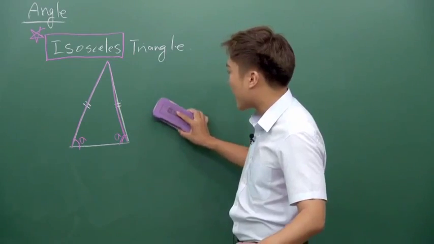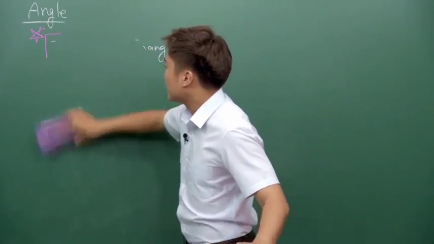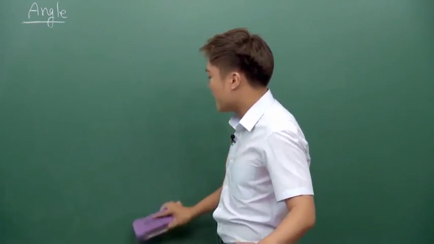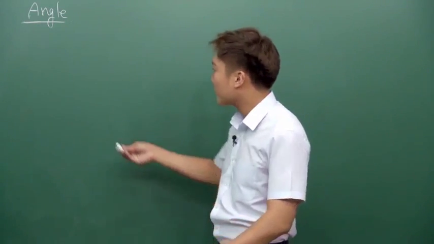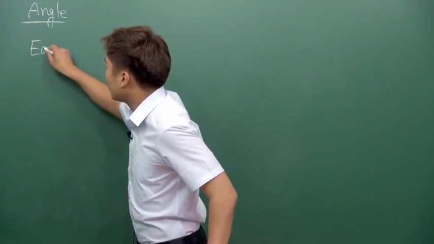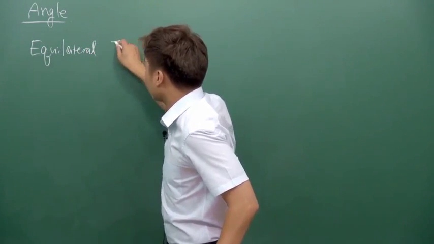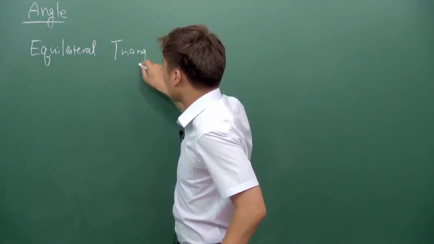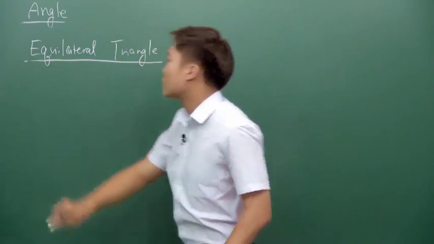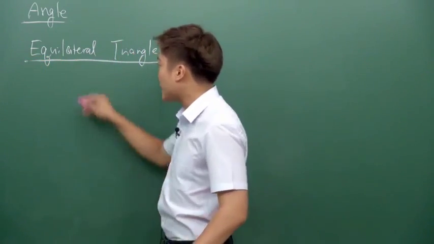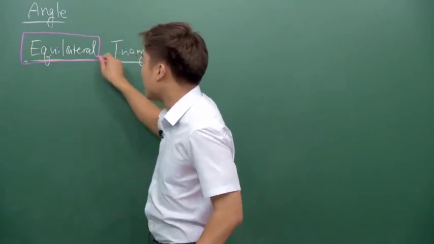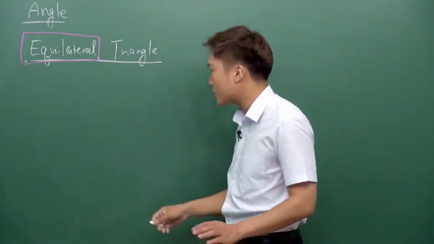triangle that we want to look at is the equilateral triangle. This is something that you definitely have to memorize the name of and know what it's about.